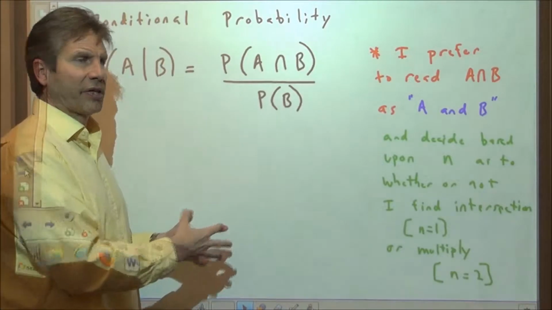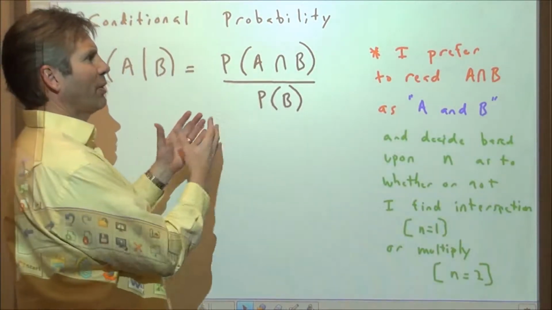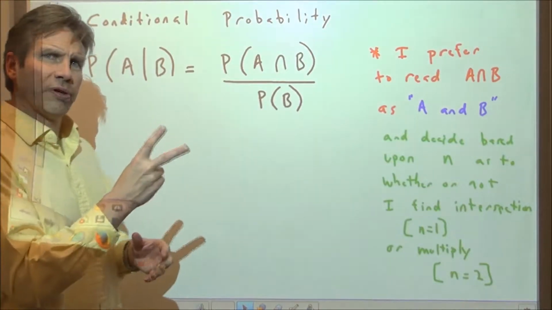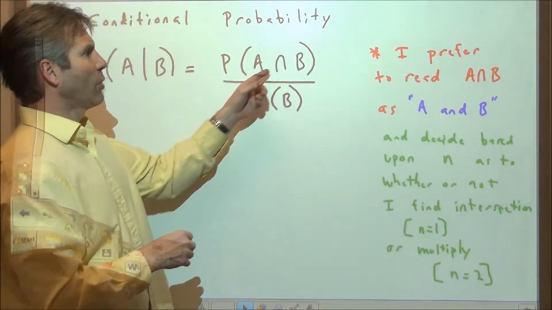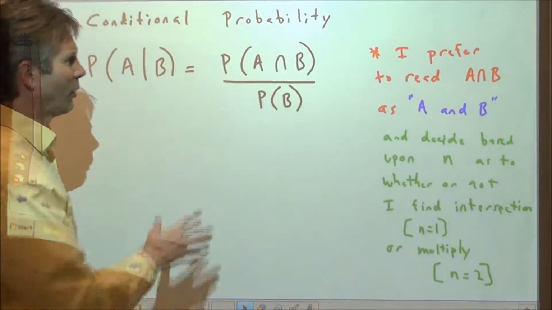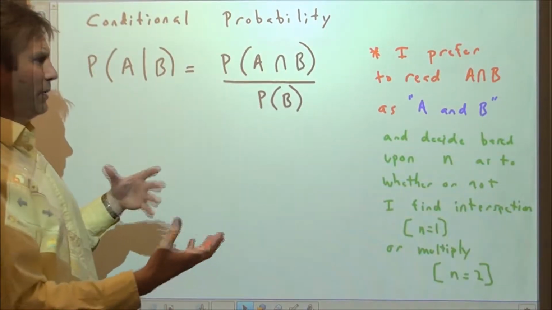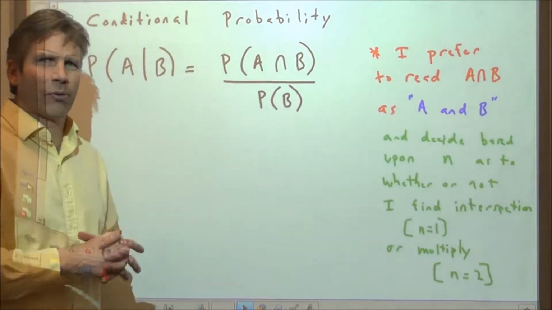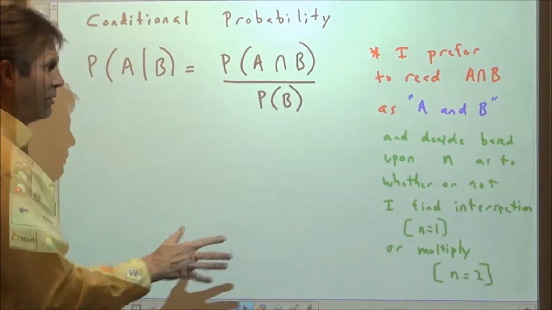Let's find the intersection. Or can we better describe the problem or look at it from the standpoint that two things are being selected, and then the word "and" will mean multiply. So hopefully as we go through this video, you'll see what I mean, and then it's up to you or to your instructor as to whether you agree or disagree with this approach.